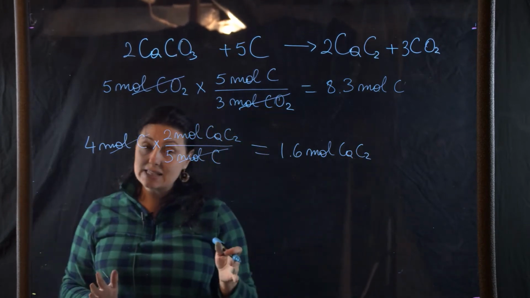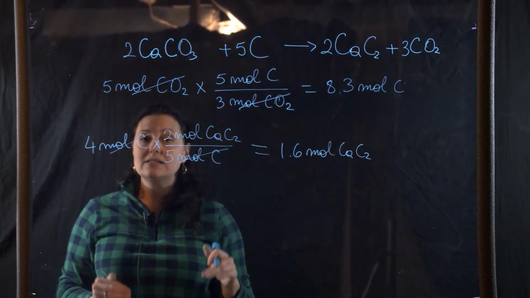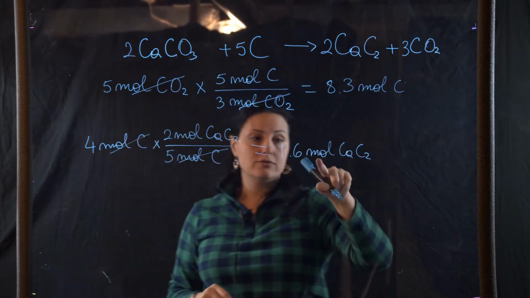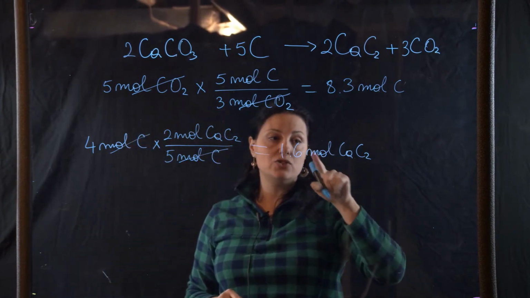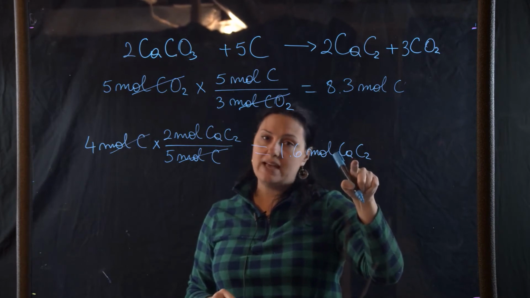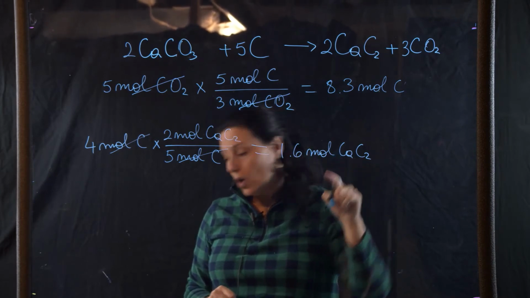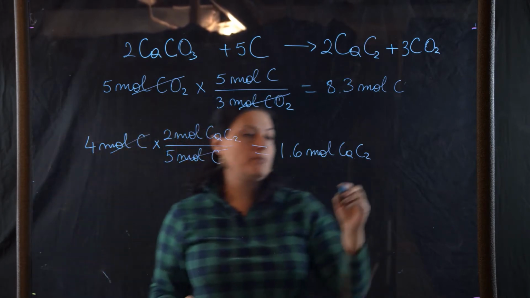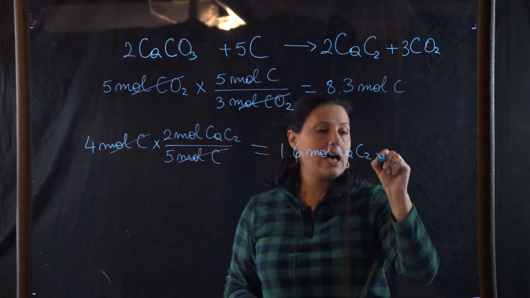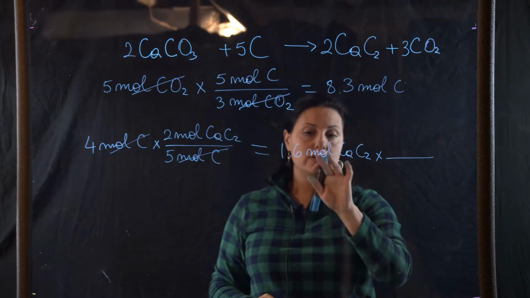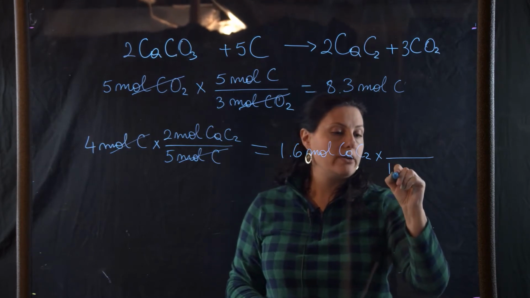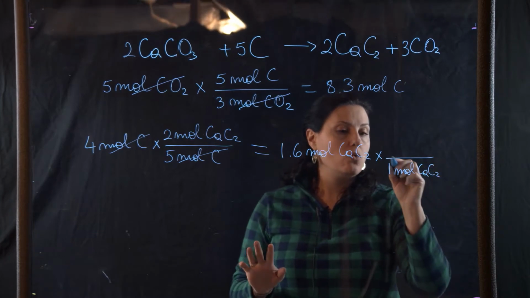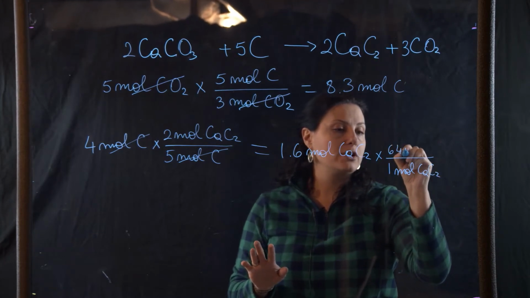But it doesn't ask for an amount in moles, it asks me for an amount in grams. So I need now to convert these moles into grams, and I do that by using the molar mass of calcium carbide, which is 64. So I need to get rid of my moles, so I write 1 mole of calcium carbide weighs 64 grams.